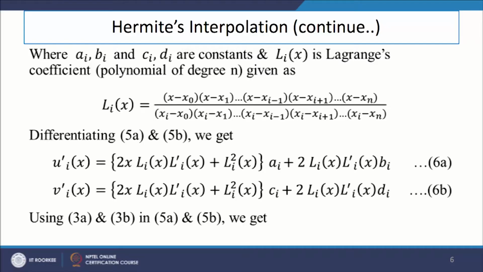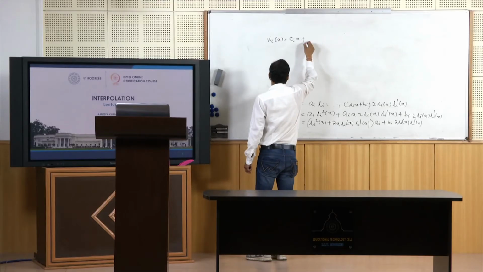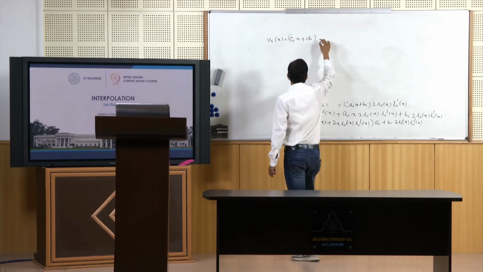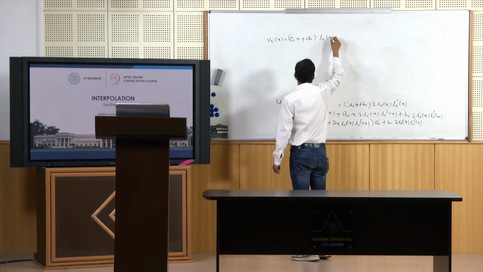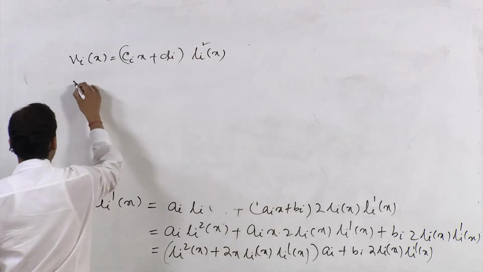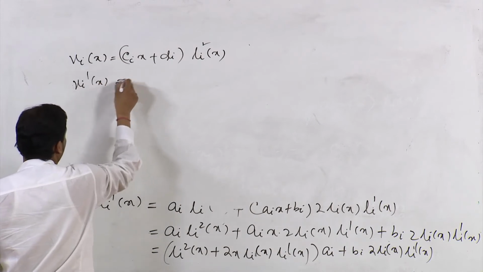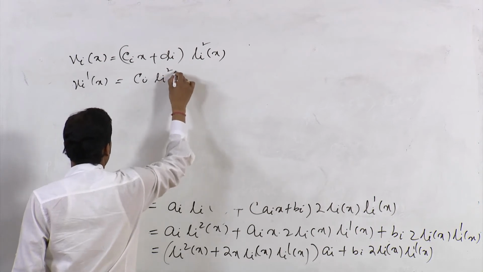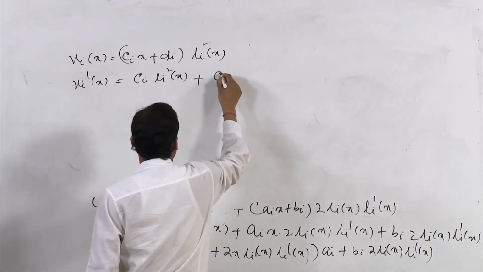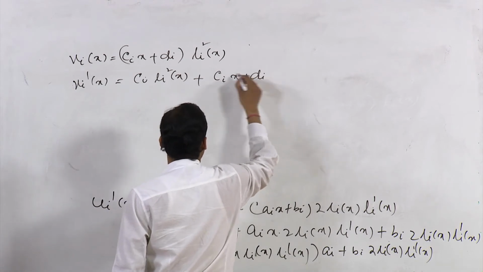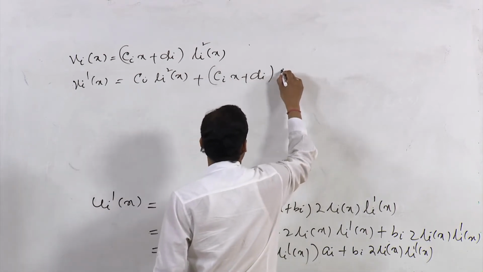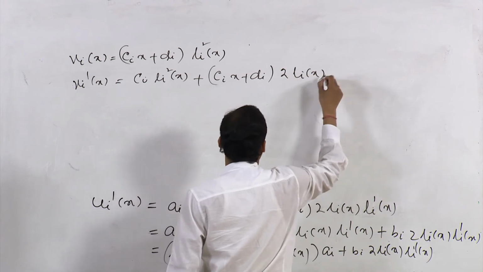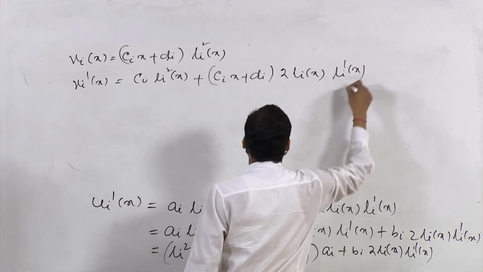Since vi of x is usually written in the form of vi of x equals (ci x plus di) into li square of x, if you take the derivative with respect to x here, this can be written in the form of ci into li square of x plus (ci x plus di) into 2 li of x into li dash of x here.